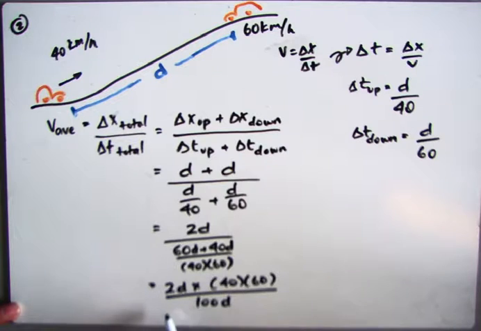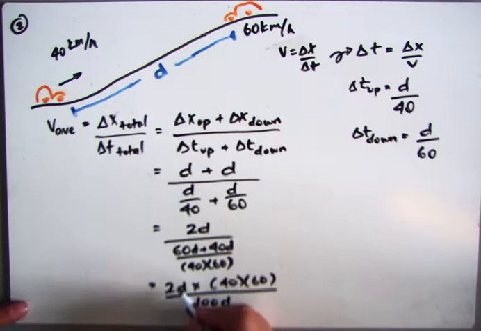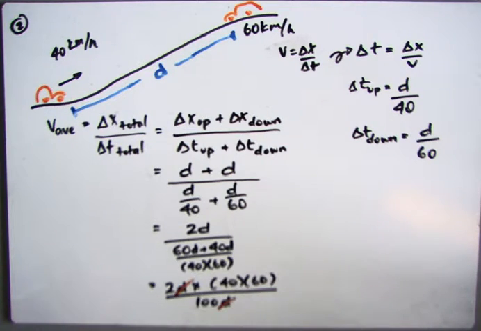Okay, so now you can see that I've got a common factor of d in both the top and the bottom, so I'm actually going to cancel that out. I don't have to worry about d's. It didn't matter what the distance was because it's a common factor and it cancels out. So that helps.